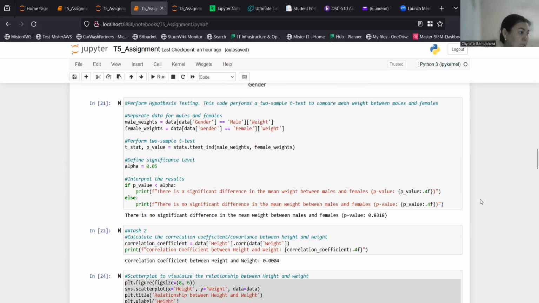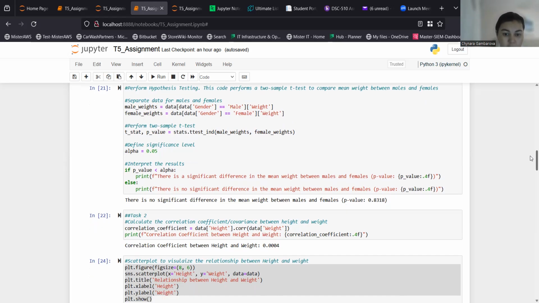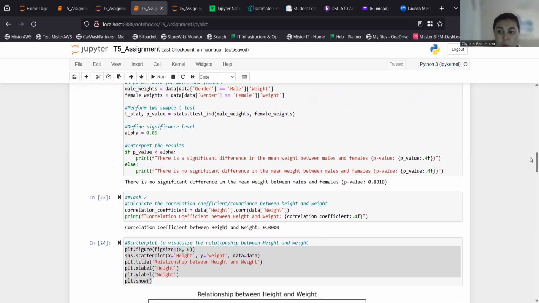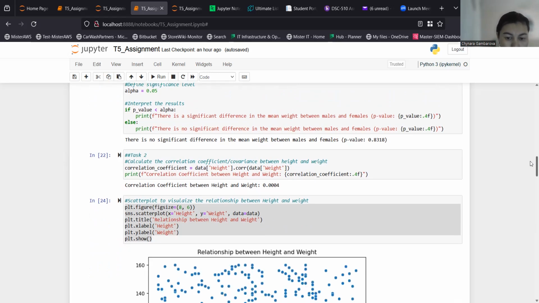Second task: we are using the same data set and we are calculating the correlation coefficient between height and weight. So how are they correlated? Does the change in one of the variables mean that it will affect the other variable?